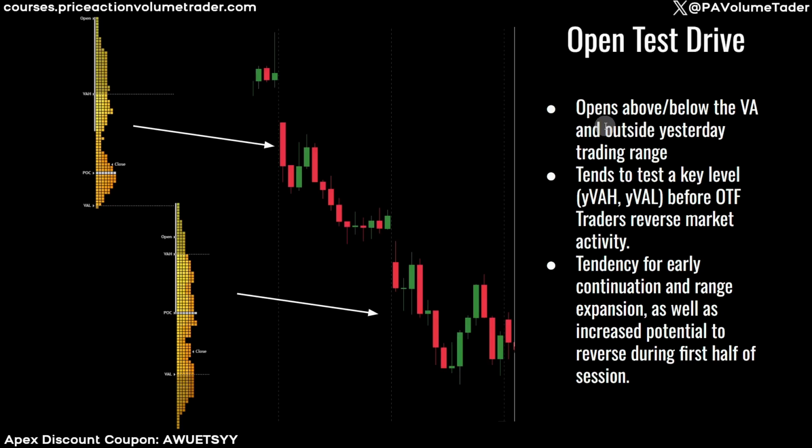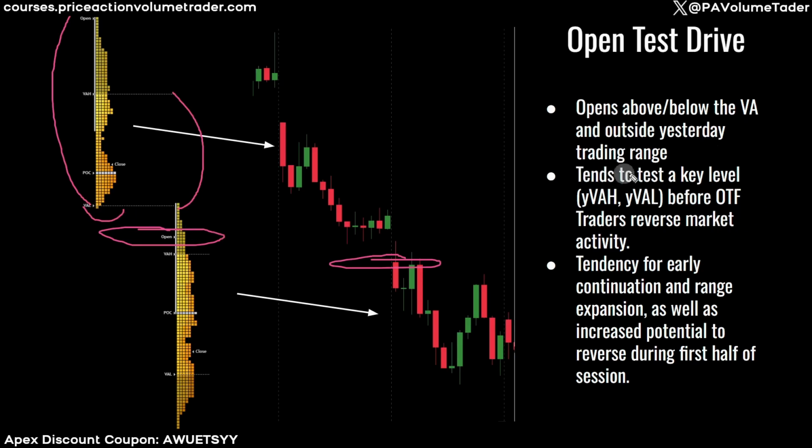Next up, we have open test drive. So these days we tend to open above or below the valley area and outside of yesterday's trading range. So as you can see here, we have this trading day, and then we opened the next regular trading hours right here, below the valley area of the previous day and below the low of the previous day.